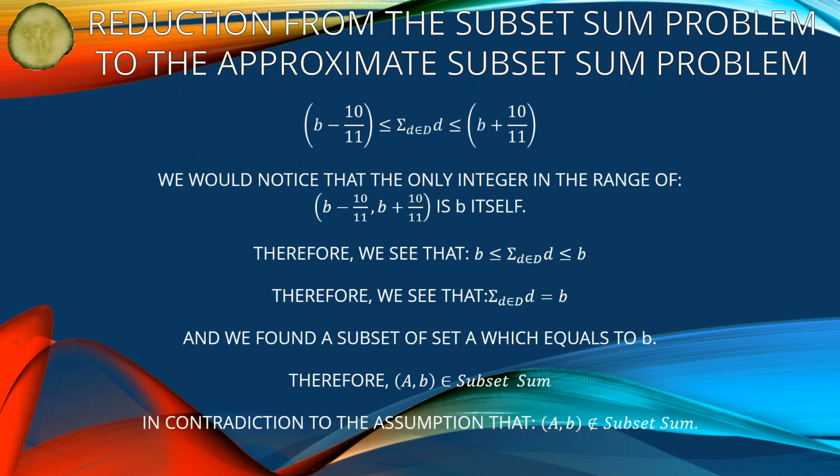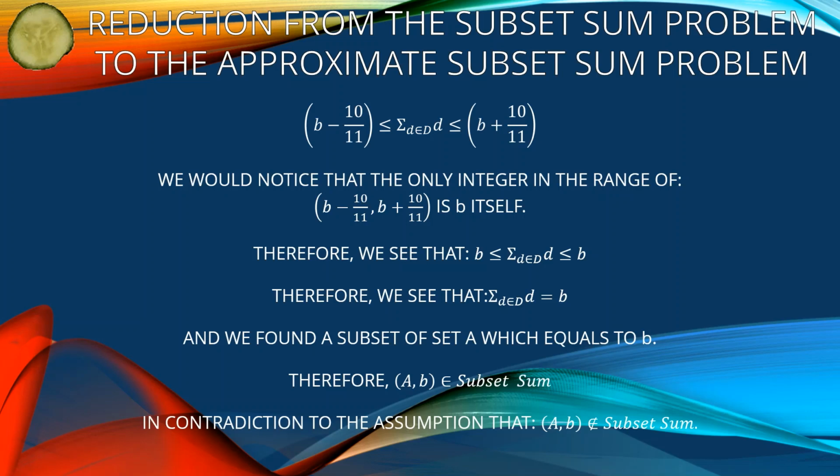We would notice that the only integer in the range of b minus 10 divided by 11 to b plus 10 divided by 11 is b itself. Therefore, we see that b is lesser or equal to sigma d in D lesser or equal to b. Therefore, we see that sigma d in D equals b.